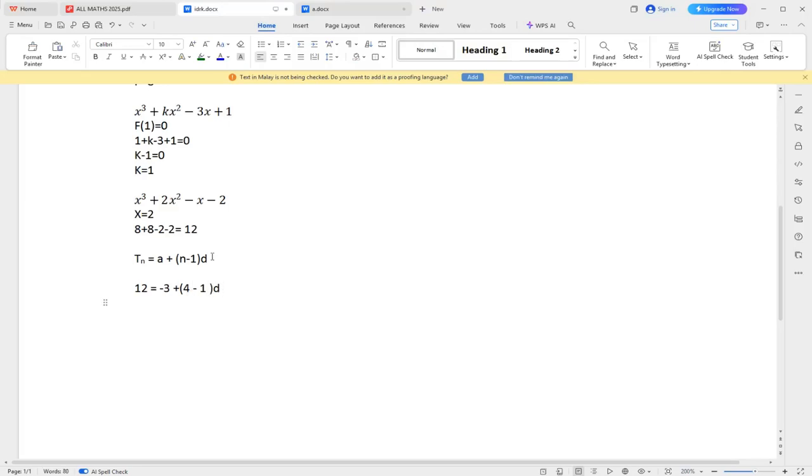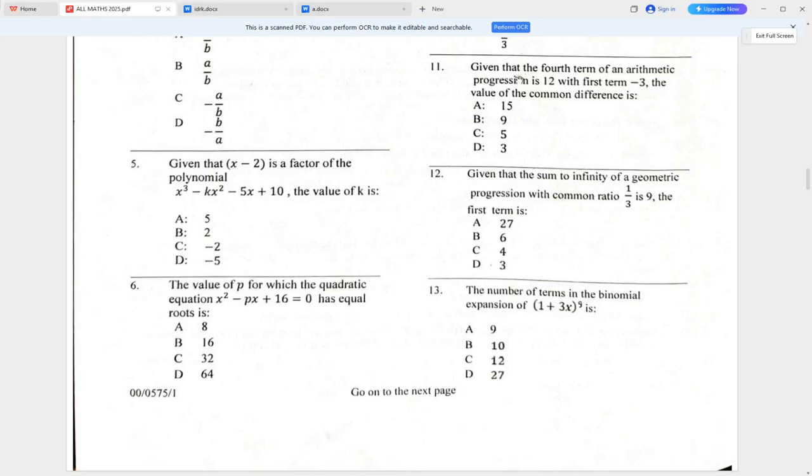Now this is 12 is equal to minus 3 plus 3d. If you isolate the d by sending 3 the other way, we have 3 plus 12 is equal to 15, which is equal to 3d. We divide both sides by 3 to get d is equal to 5. And that's the answer for question 11, which is C.